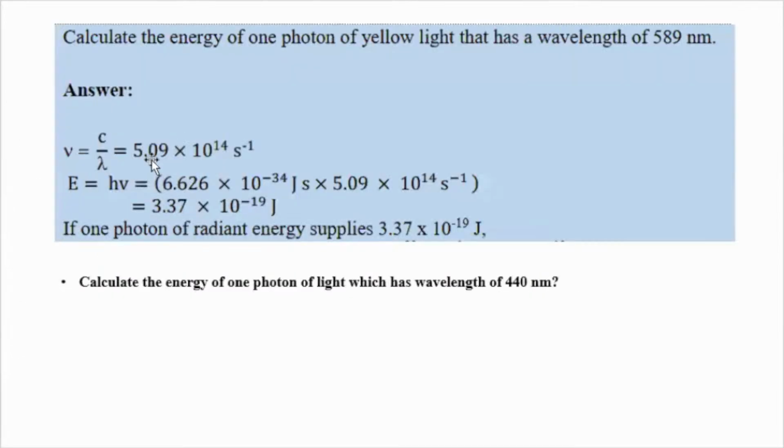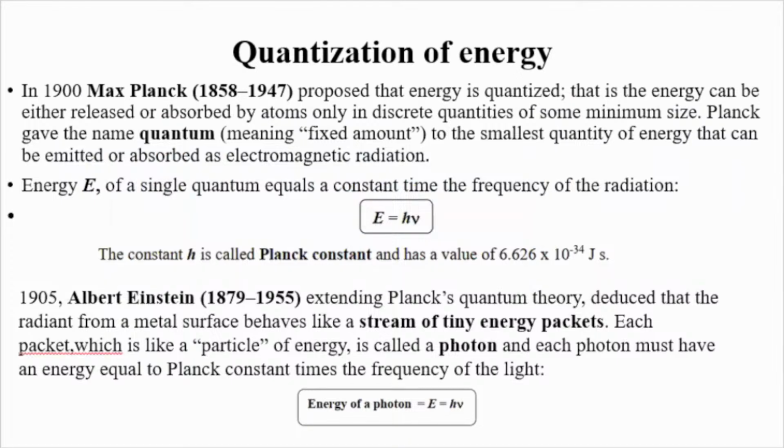Calculate the energy of one photon of yellow light that has a wavelength of 589 nanometers. But we know the equation as E is equal to h nu. This doesn't have any wavelength. There is no mention of wavelength.